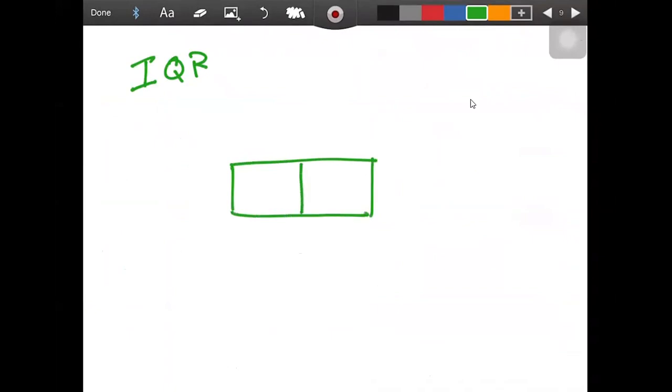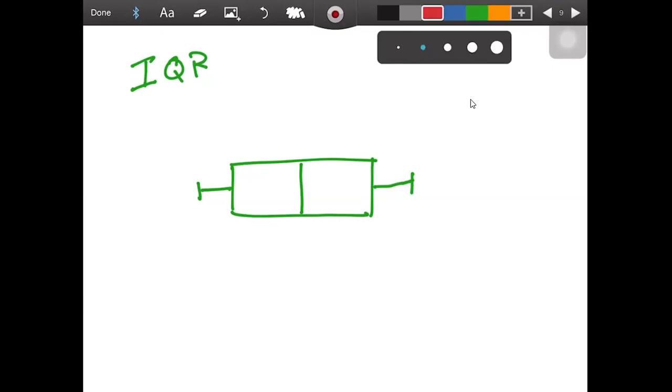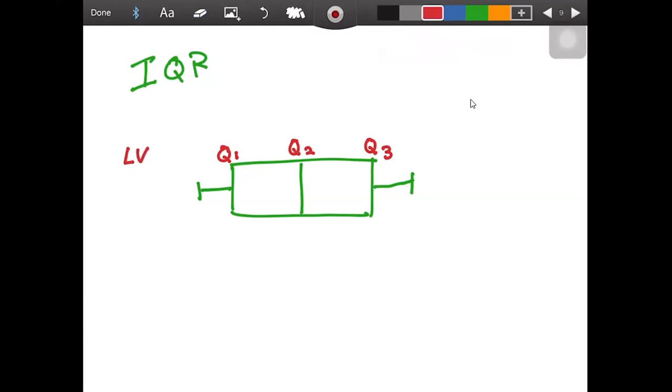And we have the whisker. So this is Q1, this is your Q2, and this is your Q3. And here it will be the lowest value and the highest value.